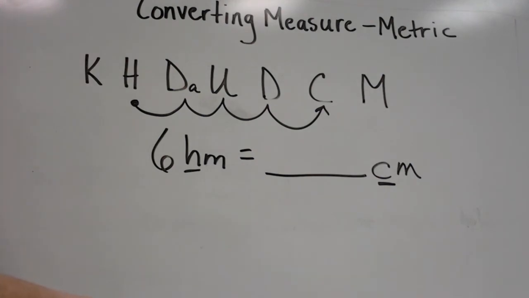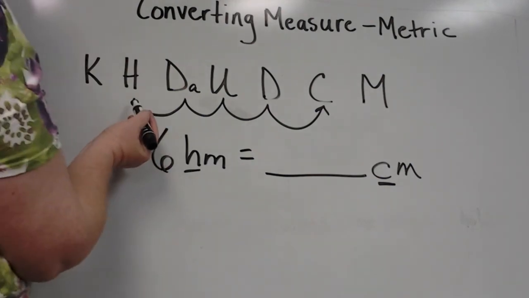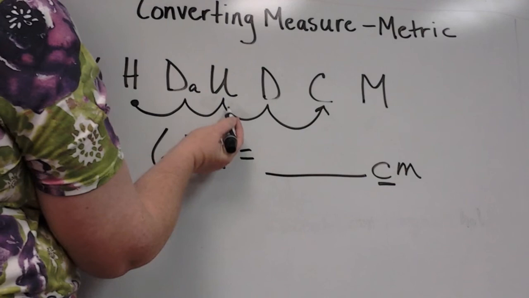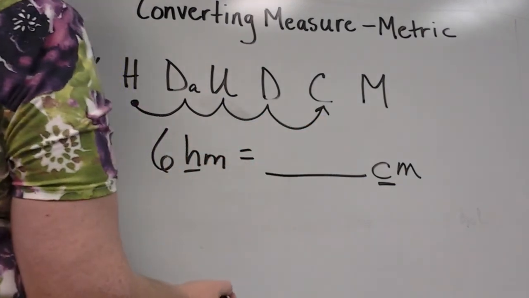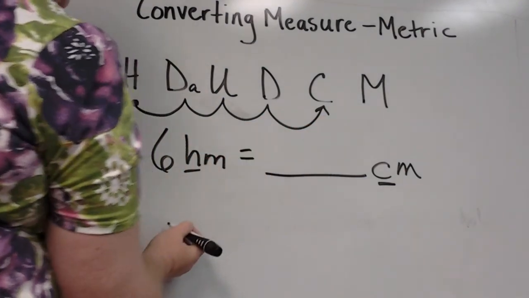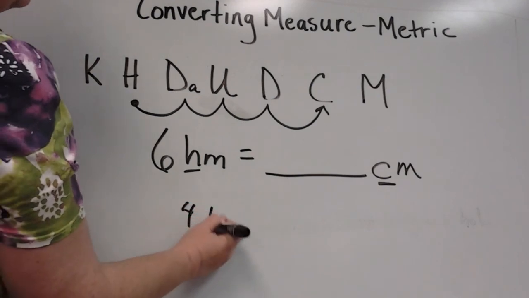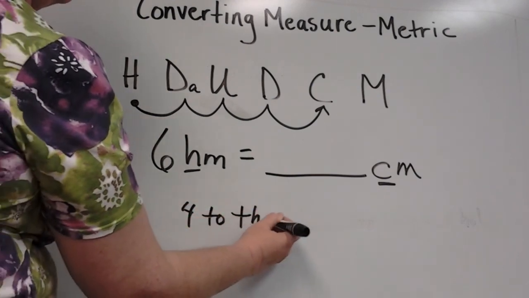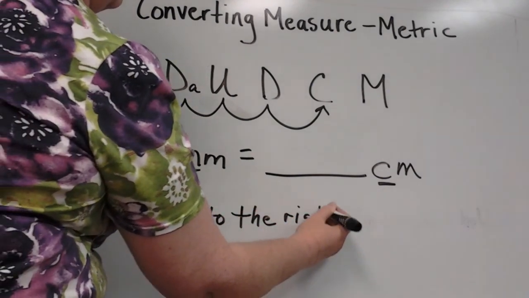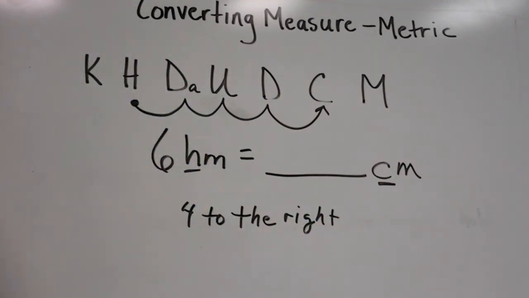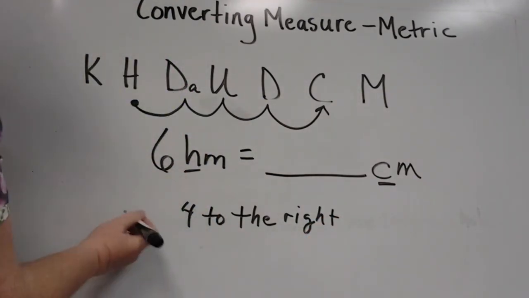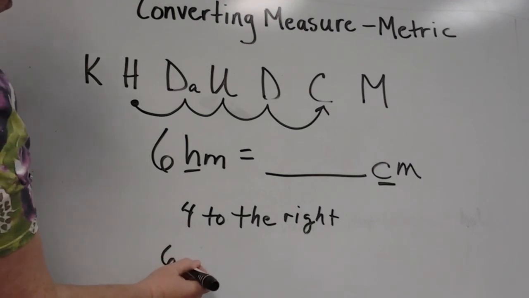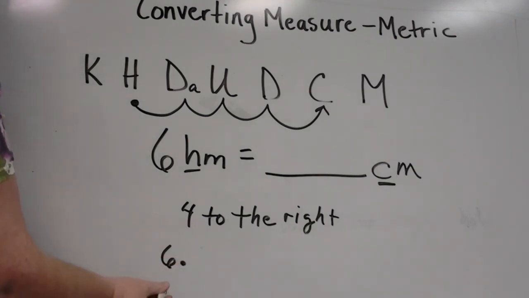Because these are the ones we're looking for, right? Hecta and centi. Okay, so how many spaces did we move? 1, 2, 3, 4 spaces. Okay, 4 spaces to the right this time. This time we went to the right. So guess what's going to happen when we put our decimal in our number? We're going to put 6 point or 6.0 if it makes you feel better.